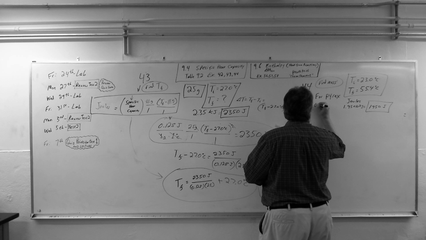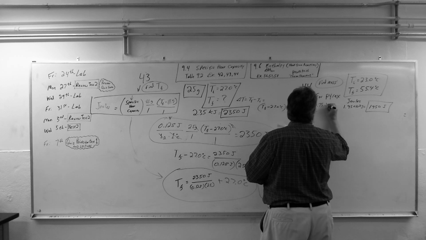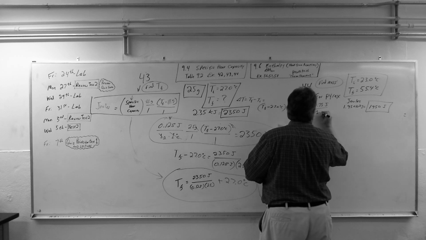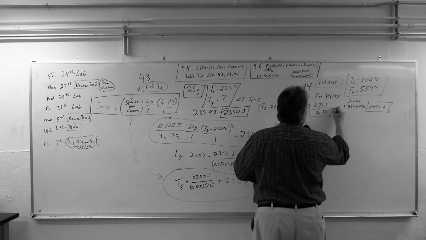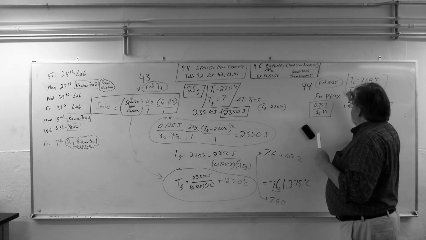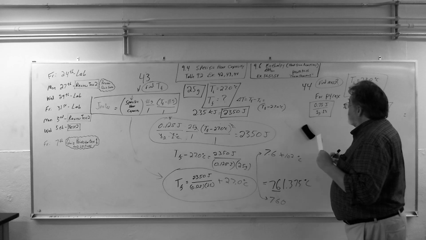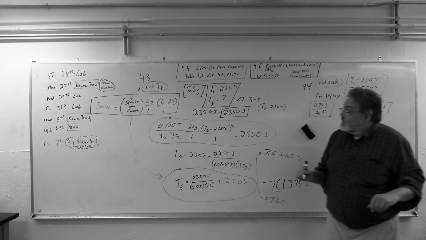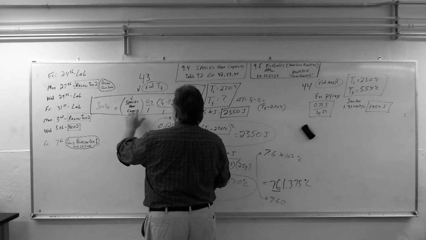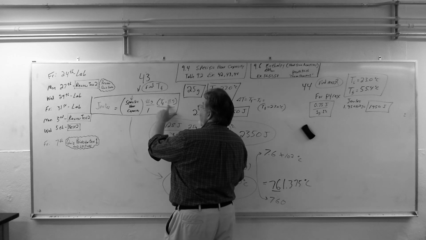So Pyrex is 0.75 joules to 1 gram to 1 degree C. So that's what you're given, and now you're solving for mass. So you could set it up the same way, except now you're given this and not this.